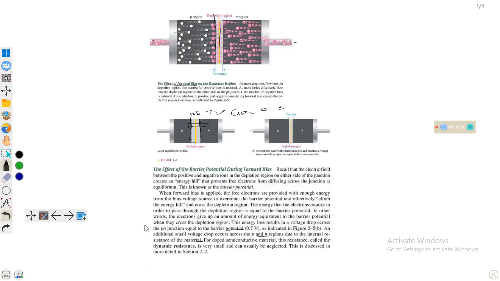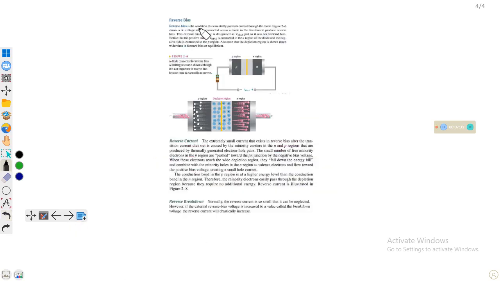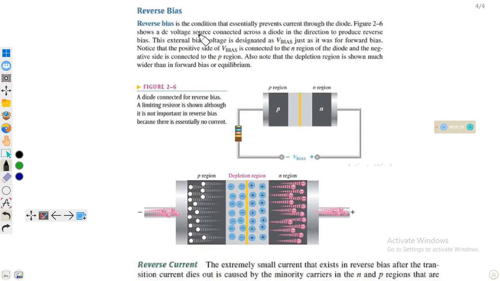So if we go to reverse bias, the P side will be connected with the negative side of the battery, and the N side will be connected with the positive side of the battery. Reverse bias is the condition that essentially prevents current through the diode.